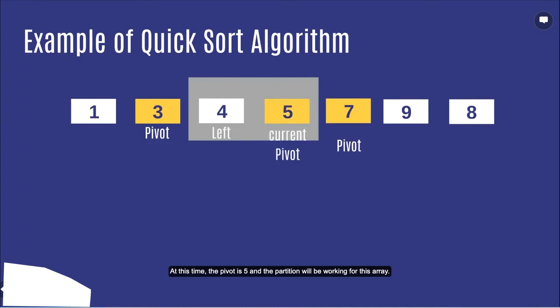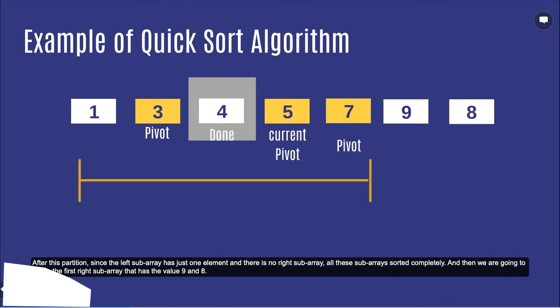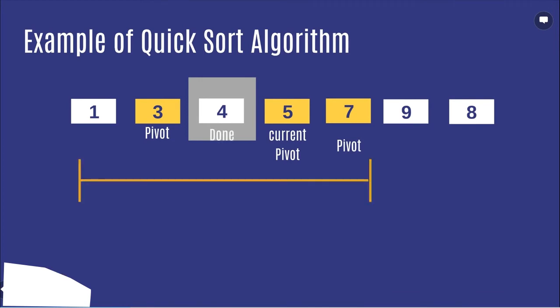At this time, the pivot is 5 and the partition will work on this array. Since there are just two elements and the pivot is greater than the other element 4, there is no change after the partition. After this partition, since the left subarray has just one element and there is no right subarray, all these subarrays are sorted completely.